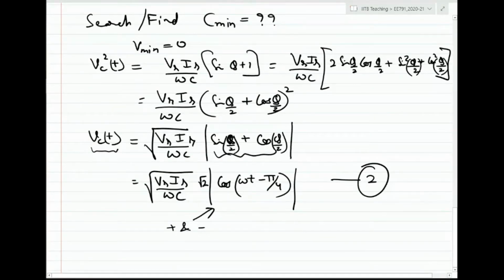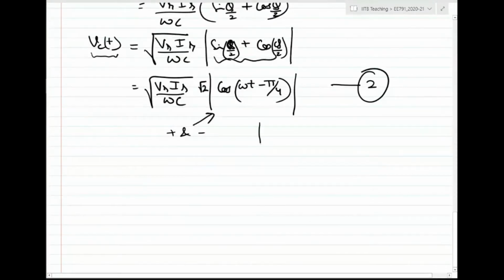So this expression gives me the waveform, or the expression, for the capacitor voltage to achieve active power decoupling. Let us just plot it to get a feel of how it looks. This Vc of t is a rectified cosine wave.